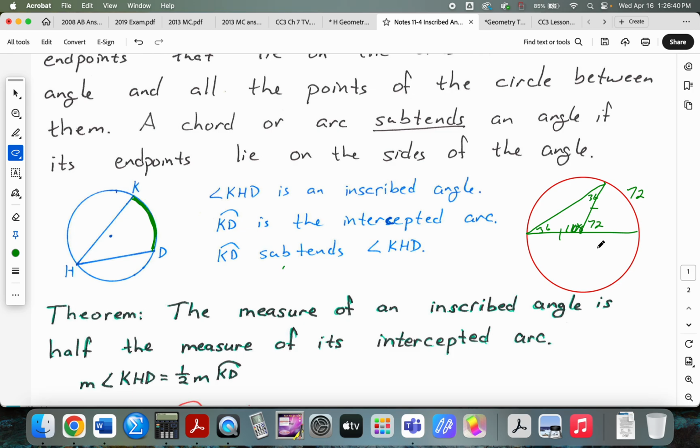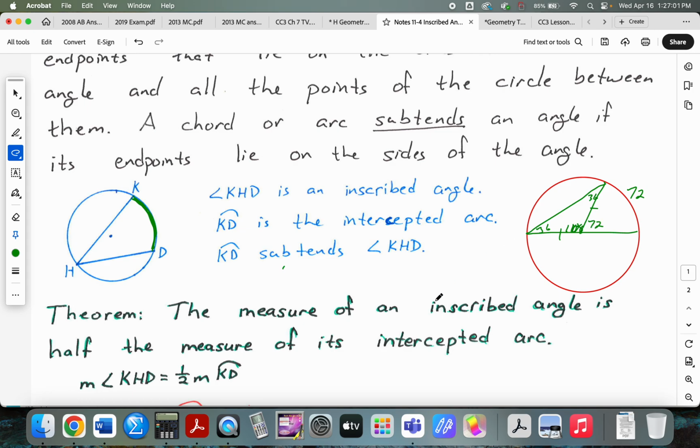Okay? The way I think about it is this, and I don't know if this will help you or not, but it helps me. The inscribed angle is twice as far away from the arc as the central angle is. Therefore, it's half as big.